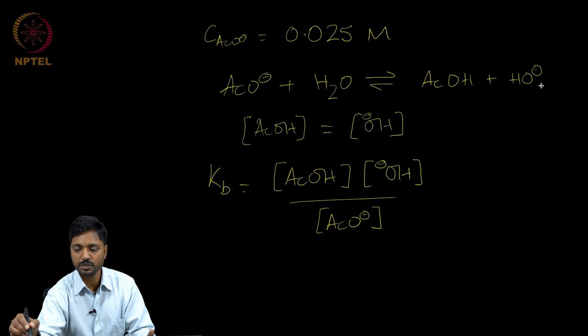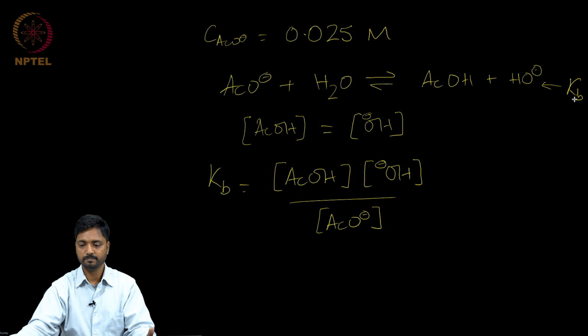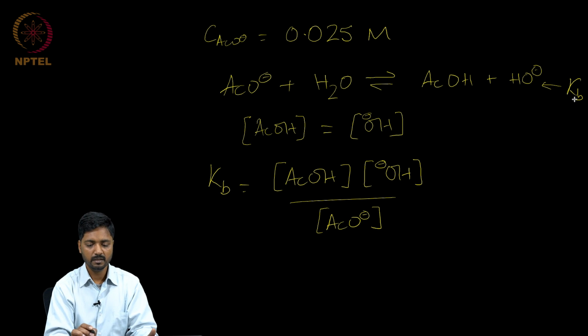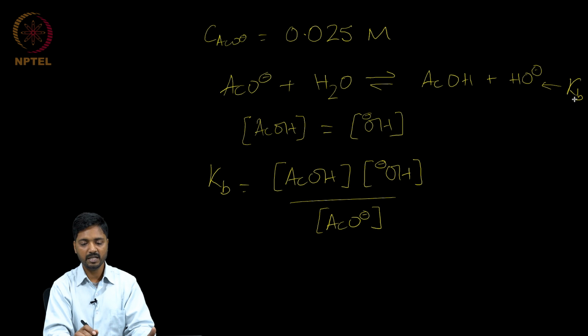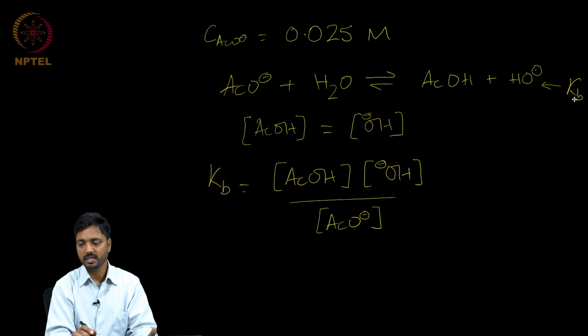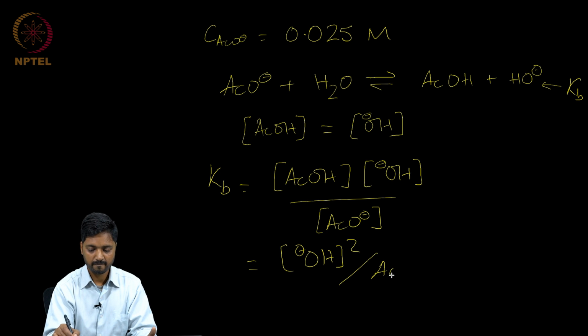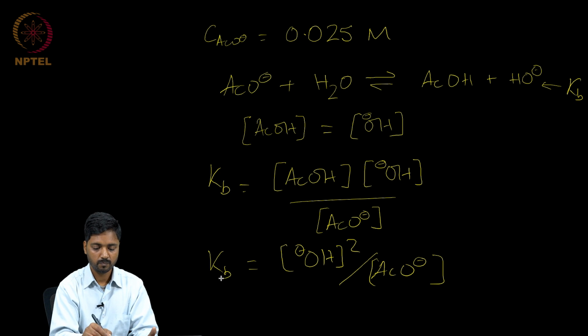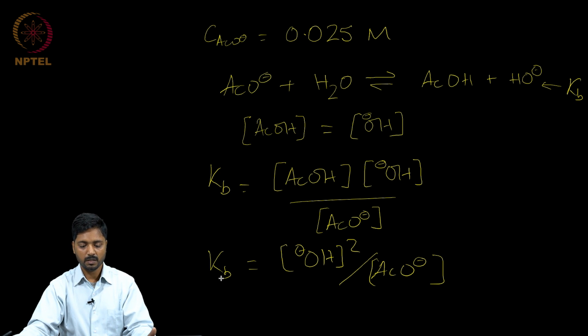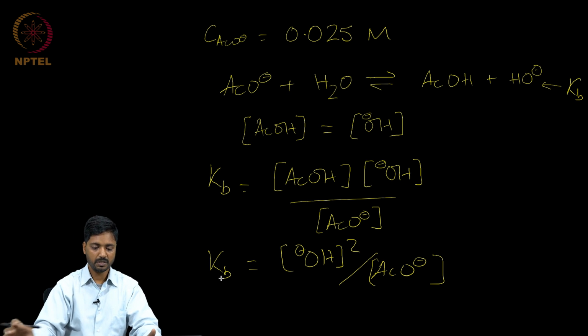So, this equation will give the Kb value for us, and as we have already seen that the acetic acid concentration and the hydroxyl ion concentration are the same, we can write this as Kb is equal to hydroxyl ion concentration squared divided by acetate ion concentration.